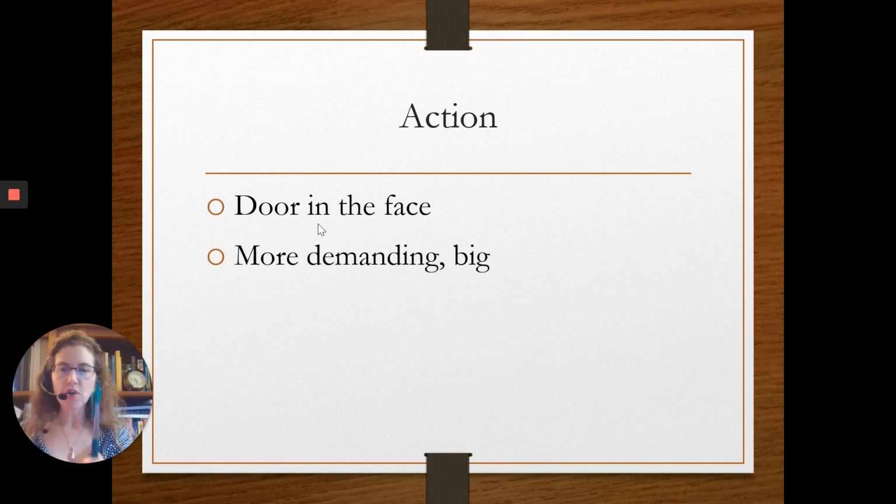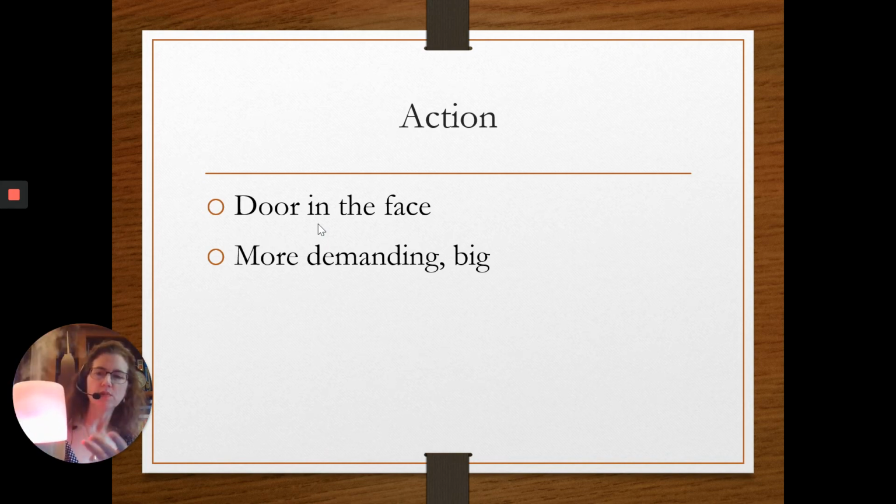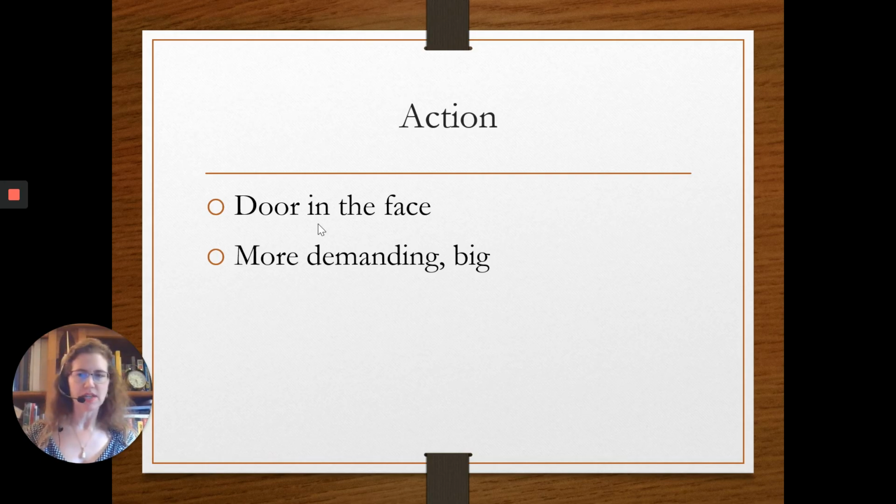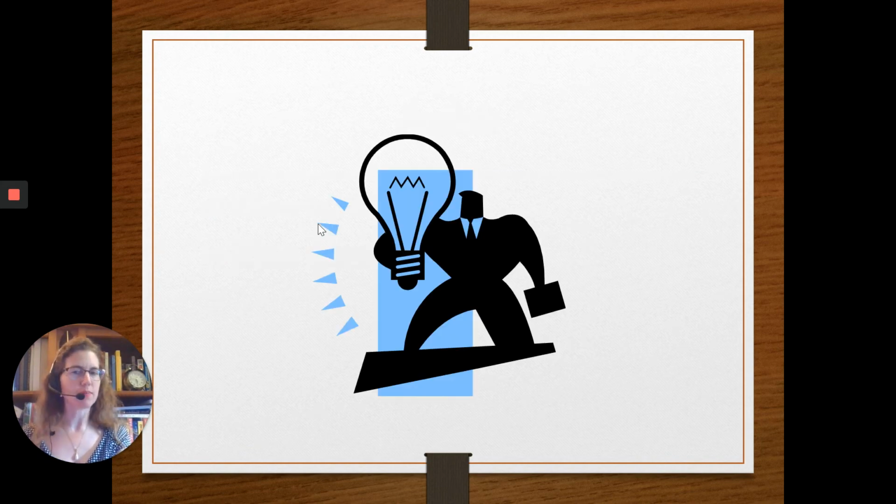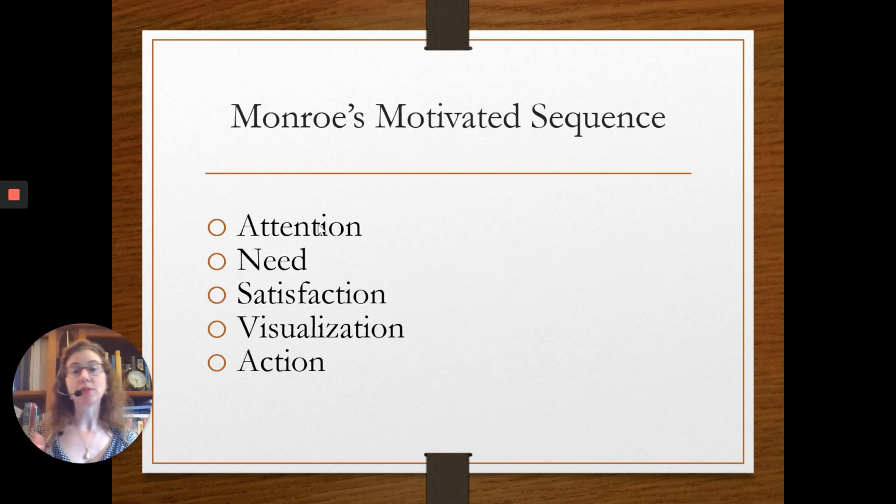It's buy the green pen, go to a green pen fan club event, take this diffuser home with you and try it out and let me know what you think. These are actions that are bigger. They take more time. They take more effort on the part of your audience. And we're going to check out a video at some point here soon that better clarifies what door in the face and foot in the door are.